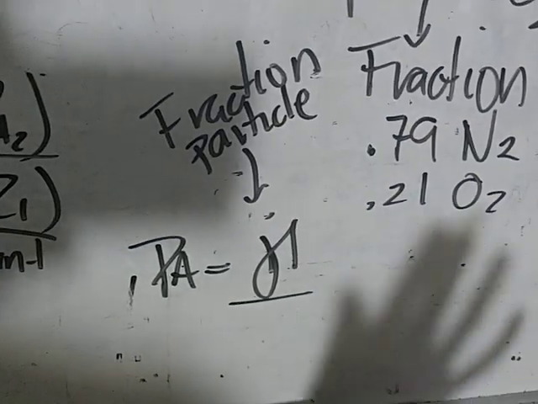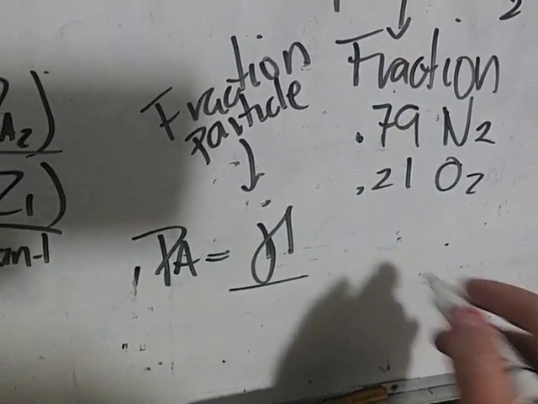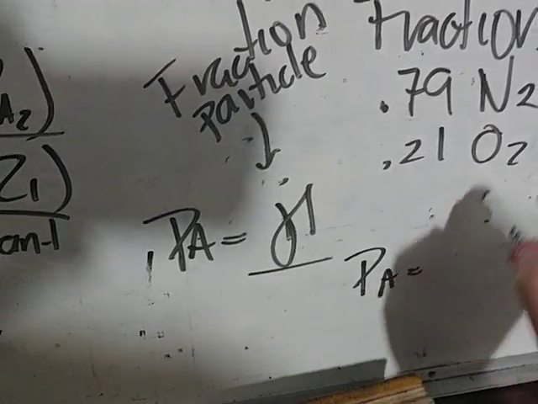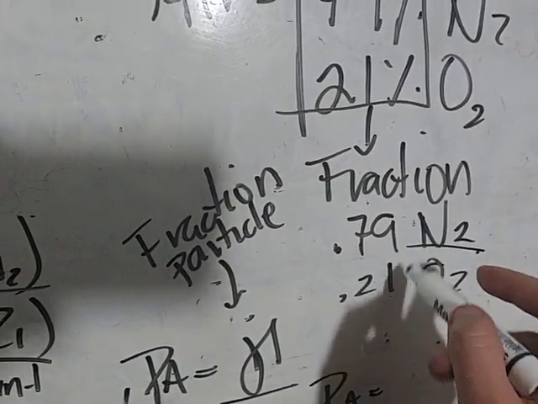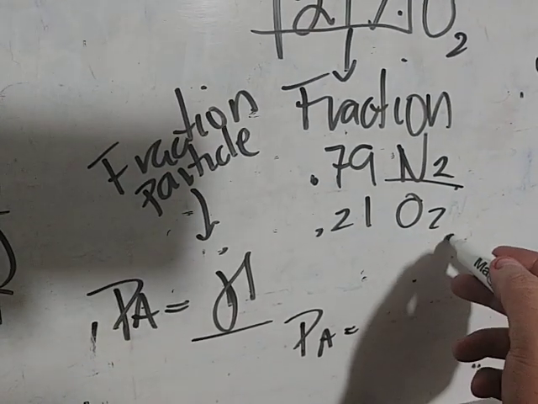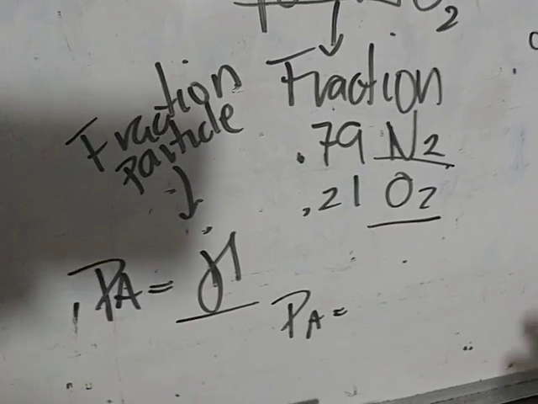We can call it that way. We're going to have the fraction. This fraction, we already know it. If we want to consider the nitrogen, I will put 0.79. But if I want to work with the oxygen, I will put 0.21.